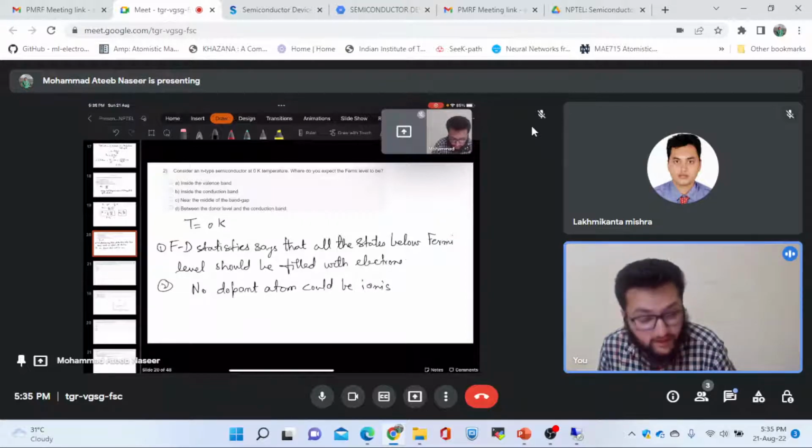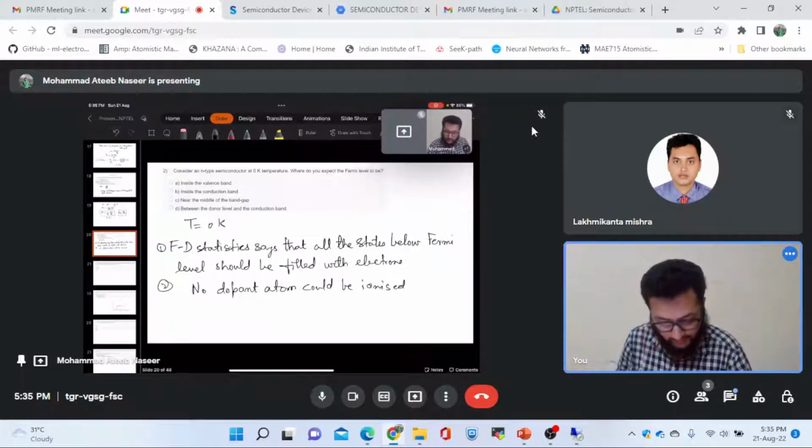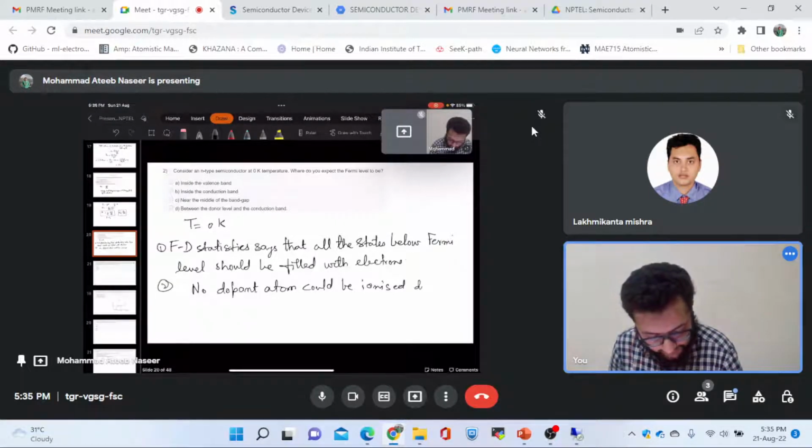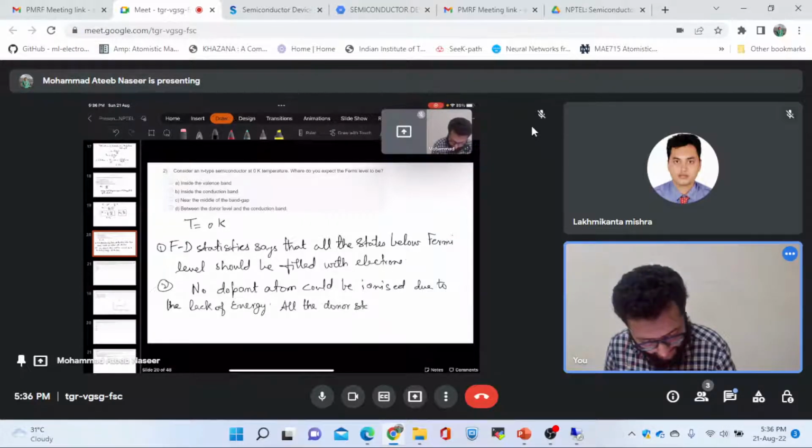Why? The reason is simple. The temperature is really low. It is 0 Kelvin. How will they get this energy? So no dopant atoms could be ionized due to the lack of energy. So all the donor states will be filled with electrons. What does this mean?